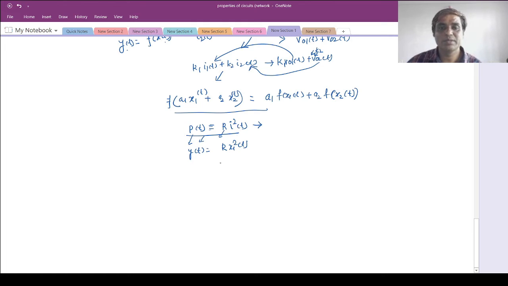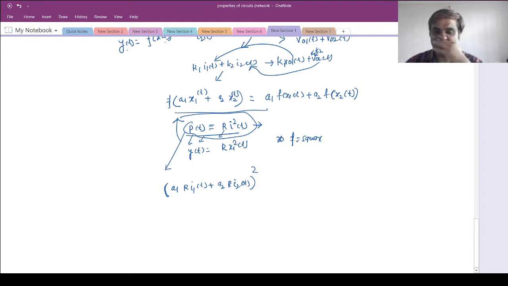Okay, so let me write what is f here. F will be square. So let us use what is f. F is square, so let us multiply with one constant, that is a1. What is input? R i1 plus a2 R i2, and what is the operation?